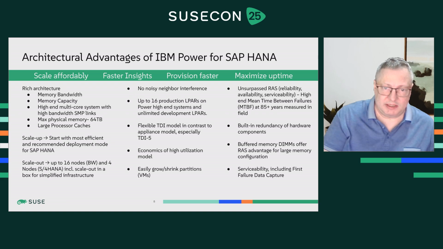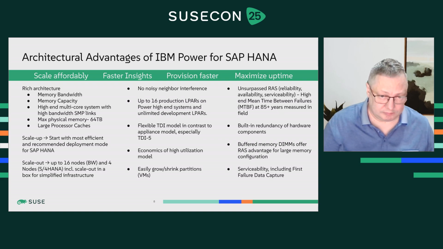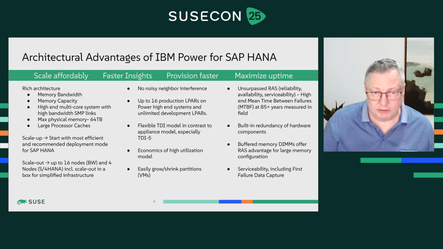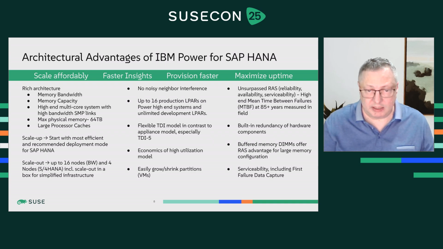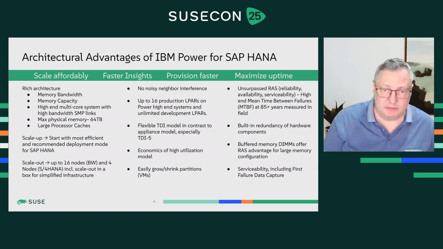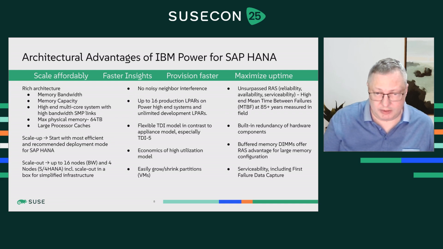SAP HANA likes to scale up, meaning when you add capacity, you want to do it within the same system instead of multiplying the number of systems. And our platform has very efficient virtualization, and that means no noisy neighbor interference. What that means is you can have multiple SAP HANA instances in production on the platform in multiple partitions. And by partitions, we mean virtual machines, but at IBM Power, we call them logical partitions.